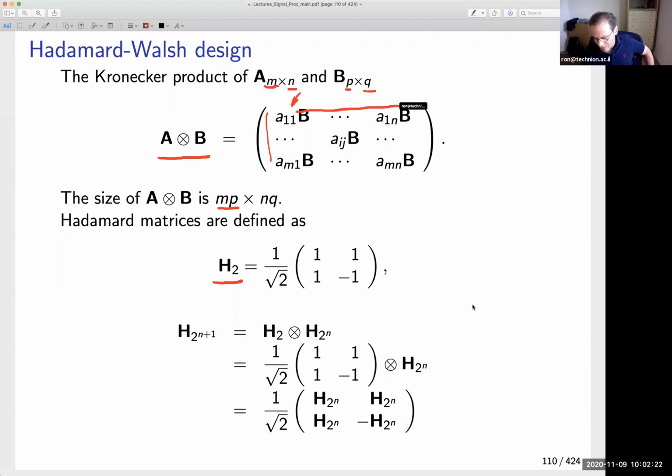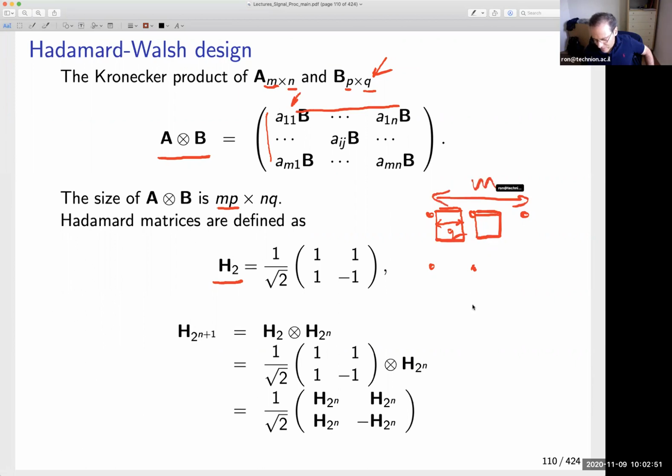Because if these are the A elements, and these are the B matrices, instead of each A element, I'm putting B matrices, so I have to multiply. For example, let's call it the x-axis, which is the second term here. So I have to multiply the size of this matrix, which is Q, times the number of elements, which are m.